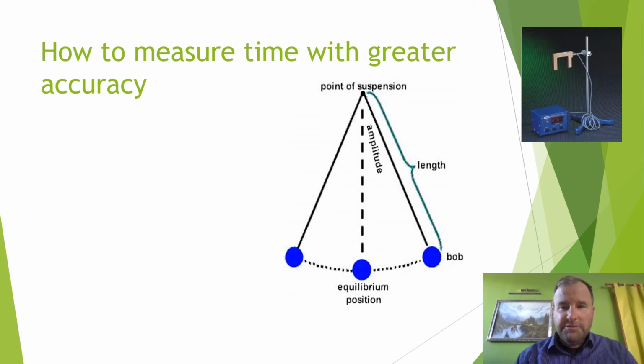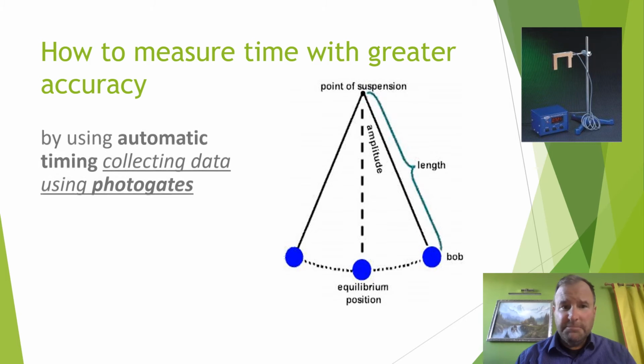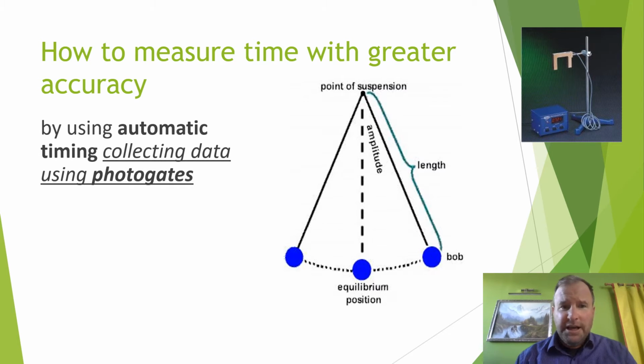So how to measure time with greater accuracy? We can use more modern equipment. We can use automatic timing, collecting data using photo gates like this one here. The pendulum moves through a photo gate when it moves across and then comes back.